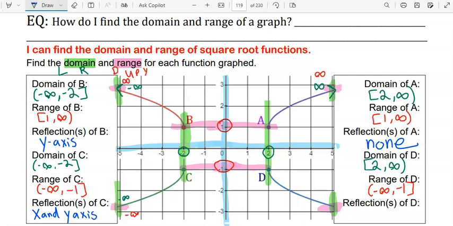And then if we look at D, reflections from A to D, well, you could do across the Y, across the X, and then across the Y again. But you could also just say across the X. Alright, try the examples below this.